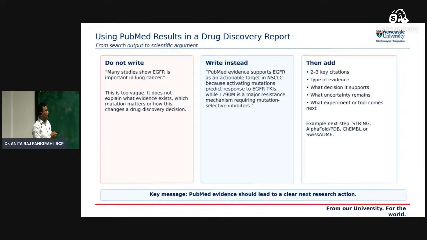Evidence supports EGFR as an actionable target in non-small cell lung cancer because activating mutations predict response to the EGFR tyrosine kinase inhibitor, while this particular mutation, threonine at position 790 mutated to methionine, is a major resistance mechanism requiring mutation-selective inhibitors.